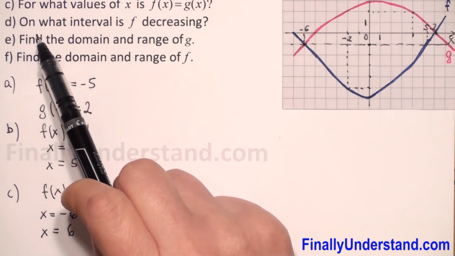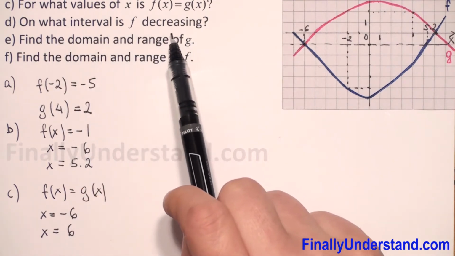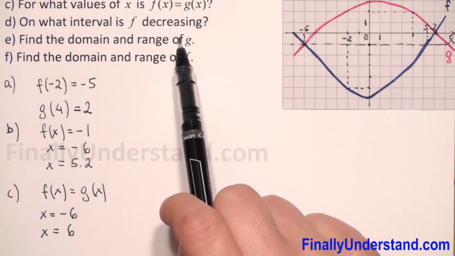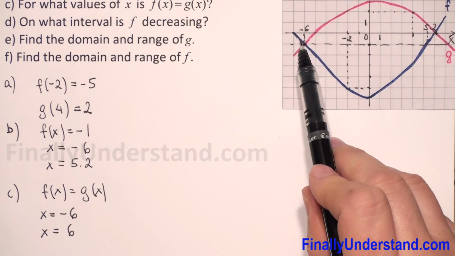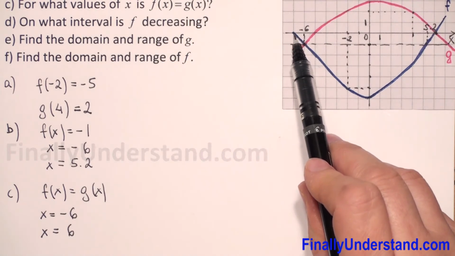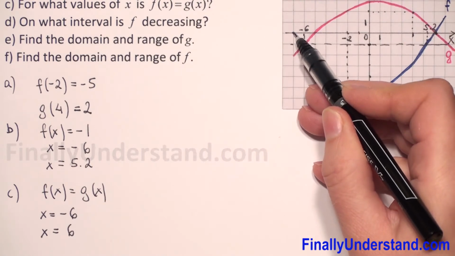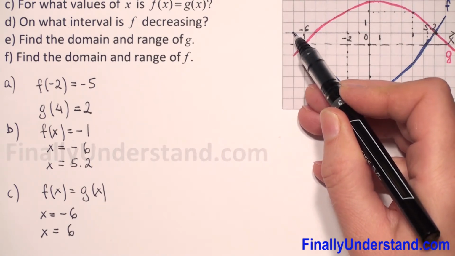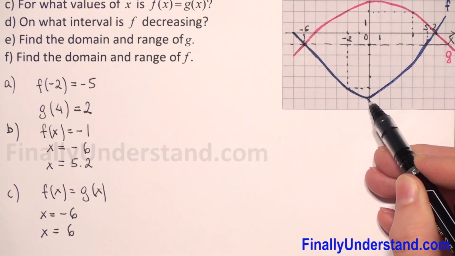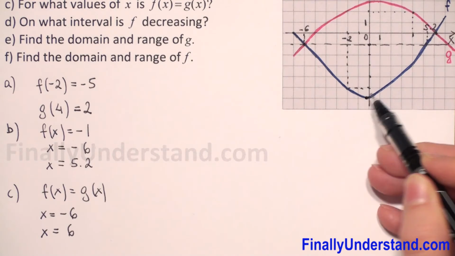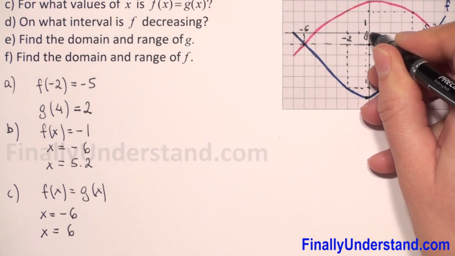The fourth question is on what interval is f decreasing? Decreasing means that where we are walking on the f graph, our function is going down. We see when we start from that point, because the f function starts just here, we are going down, down, down, down, down, until this point. Yes? Let's check for what x.